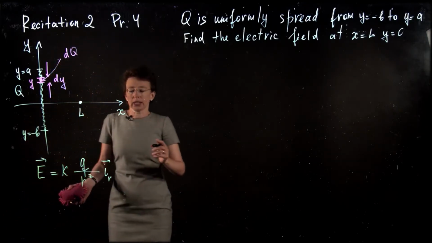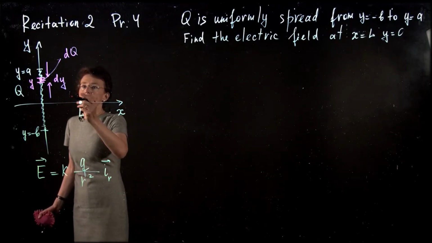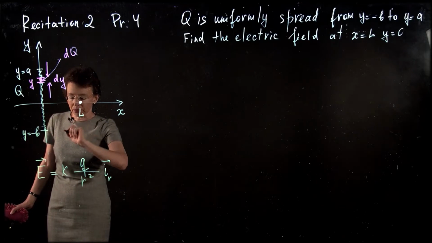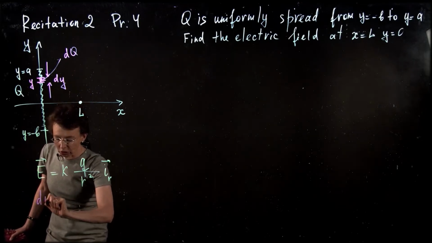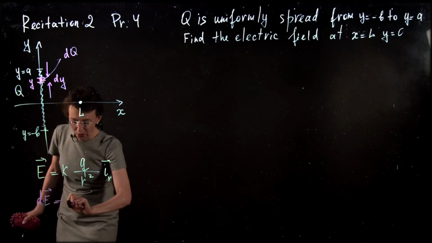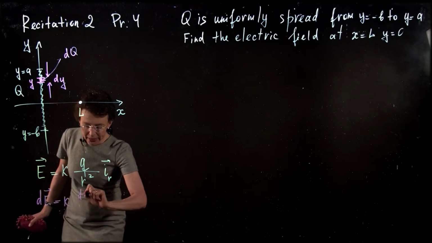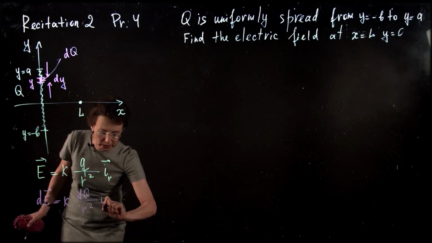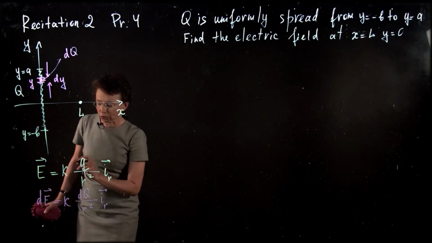So what is the electric field created by this infinitesimally small charge dq? The electric field, we have to write dE, it's infinitesimally small, is k dq divided by r squared, and we need a unit vector.